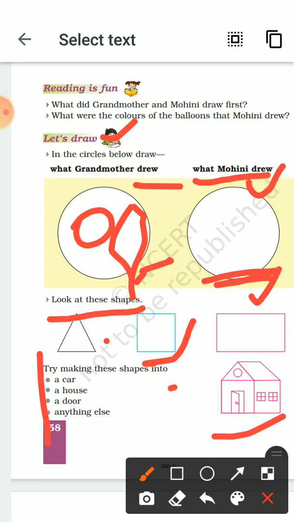In this house, they have used a triangle, a square, a rectangle and a circle also. In the same way, make a car using these shapes. I think this is an easy question for us. We can easily do it. At the last, anything else, you can make any picture of your choice.